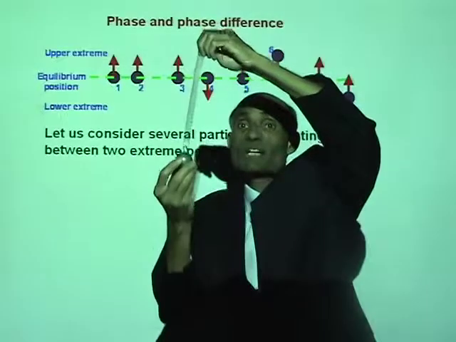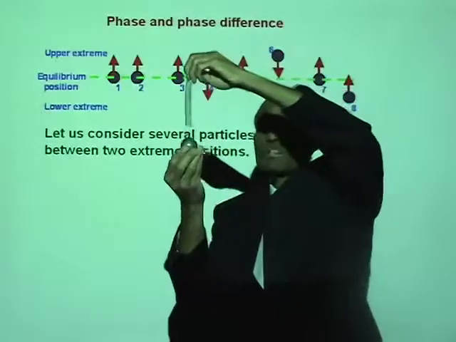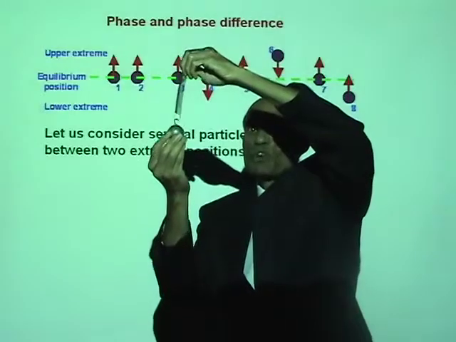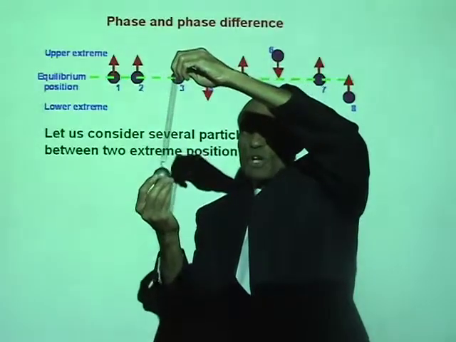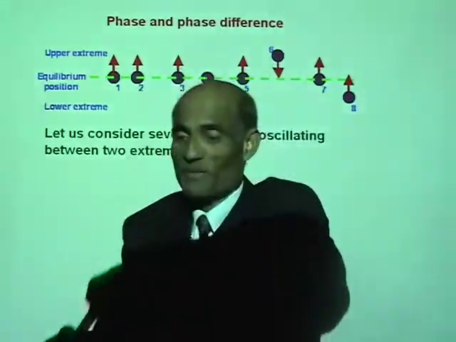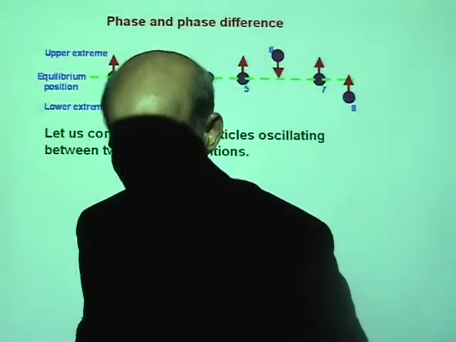That is one complete vibration. So what is one complete vibration made of? From the normal position, you go to the upper extreme, back to the normal position, lower extreme, back to the normal position. That is one complete vibration.